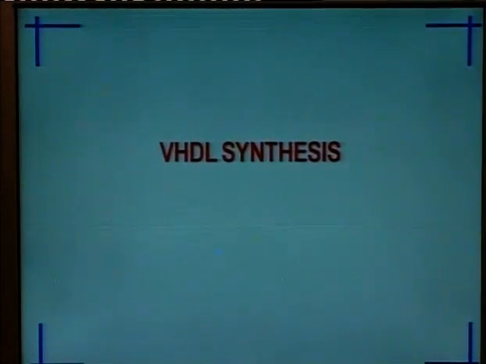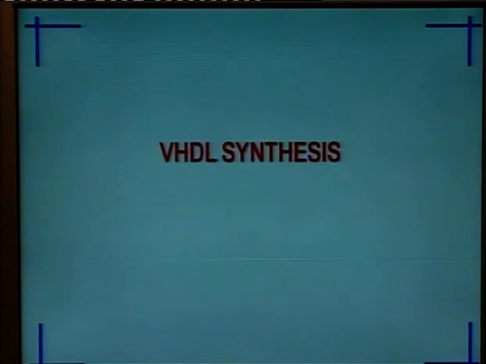Now next is the synthesis, VHDL synthesis. Till now we discussed the basics of VHDL, then their implementation for combinational circuits, that is adder, decoder, encoder, and comparator with the help of VHDL.